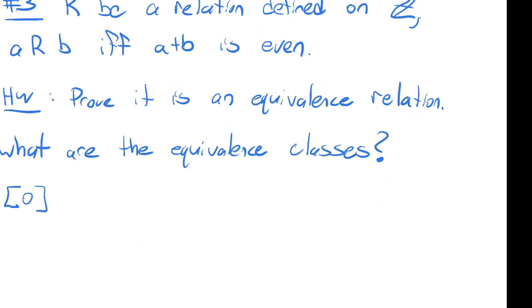So let's just think about what one of them might look like. If we take the integer 0, this would be the set of all integers k such that k is related to 0.